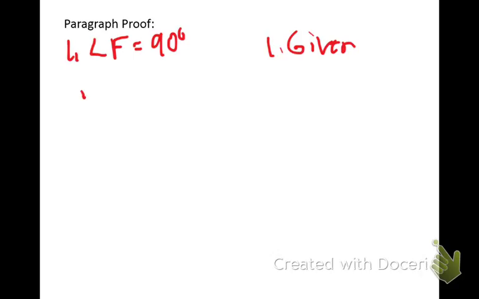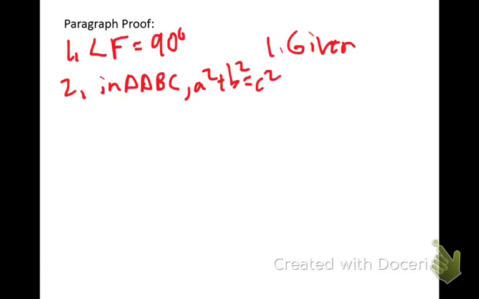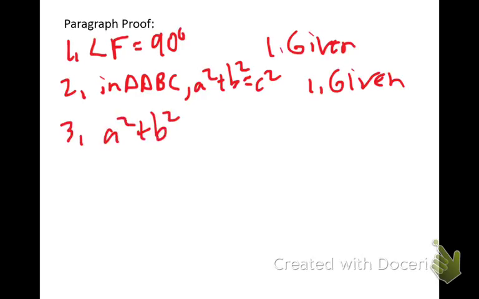Step 2: in triangle ABC, we have a squared plus b squared equals c squared, and that's given. Step 3: a squared plus b squared equals DE squared.